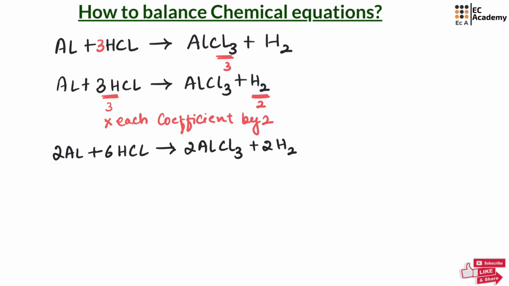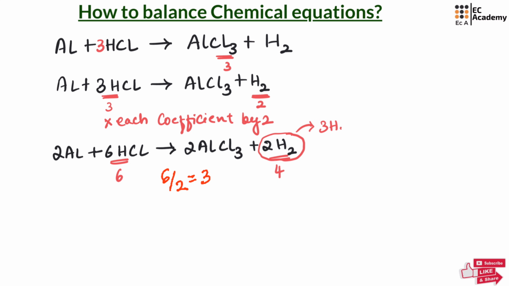Now count hydrogen atoms. On the left side, 6HCl means 6 hydrogen atoms. On the right side, each hydrogen molecule contains 2 hydrogen atoms. Therefore, to find how many H2 molecules are needed, divide 6 by 2. So 6 by 2 will be equal to 3. Therefore, place 3 before H2.